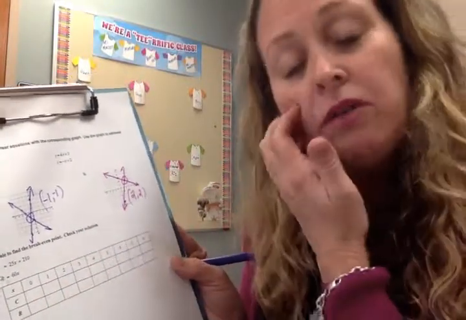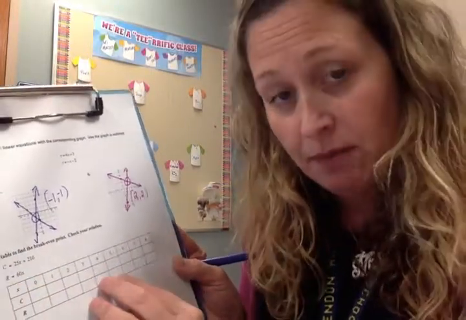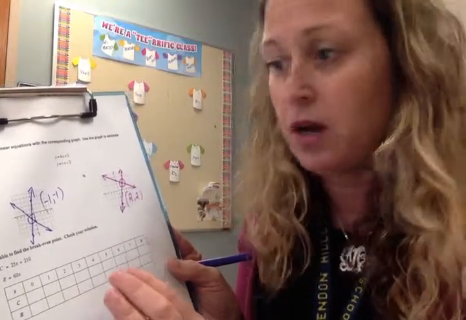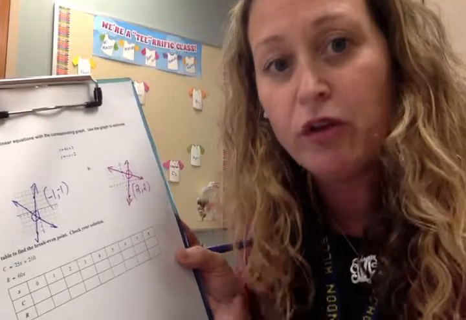The last part of your notes is going to be using two equations to complete a table to solve the system of linear equations. So use a table to find the break-even point. The break-even point is where they're going to intersect.